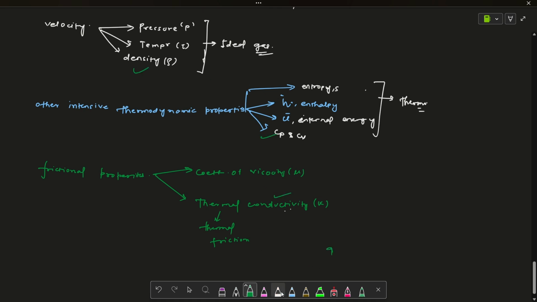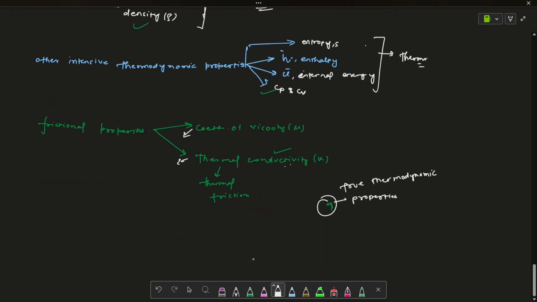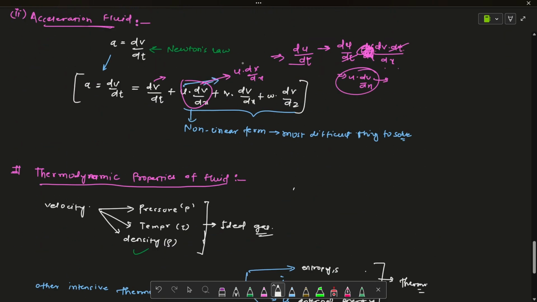Okay, total 9 properties, and all these 9 properties are true thermodynamic properties, and all of them are determined by the thermodynamic condition or the state of the fluid, that is, the flow state of the fluid. I hope these things are very clear to you. I will discuss all these properties quickly one by one in the upcoming lectures. Till then, keep learning, and goodbye.